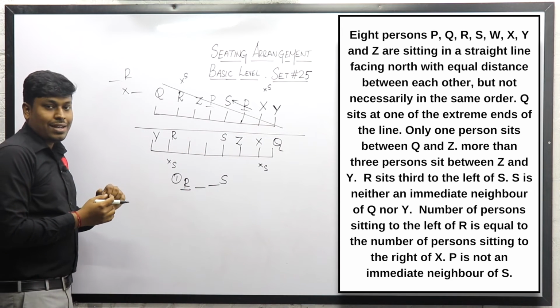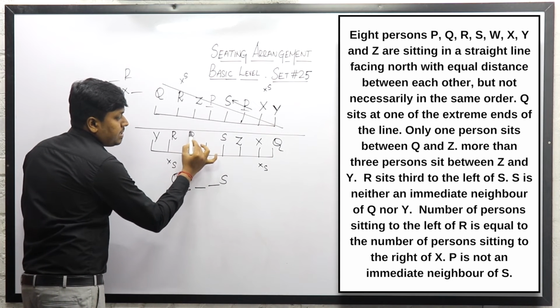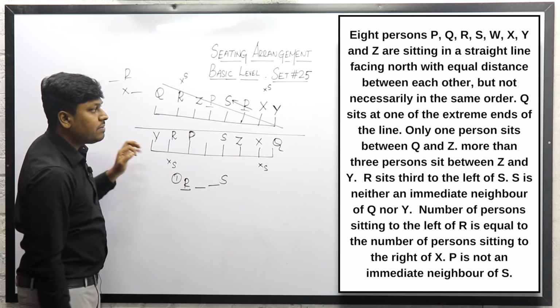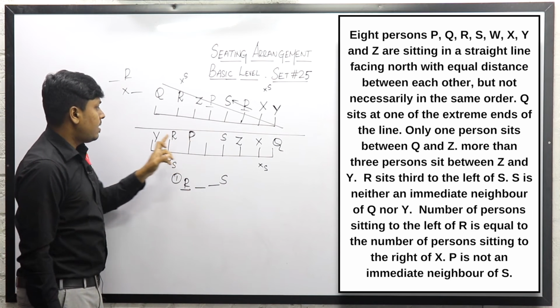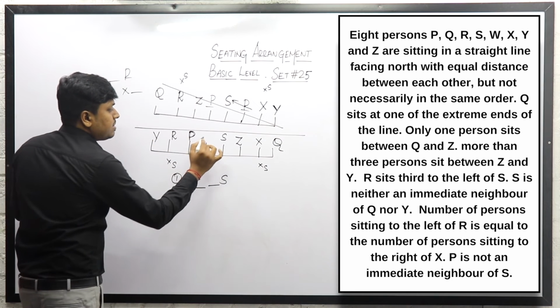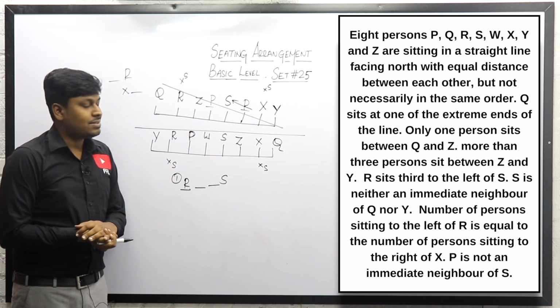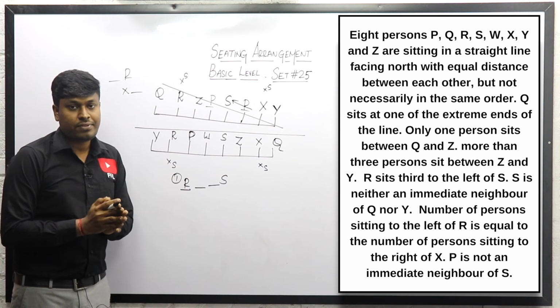If we move on to this arrangement, P is not an immediate neighbor of S, so I should definitely fix P here. The remaining letters we have are P, Q, R, S, W, so W is remaining. I should fix W here. That's it. Finally, this will be the answer for arrangement number 25.